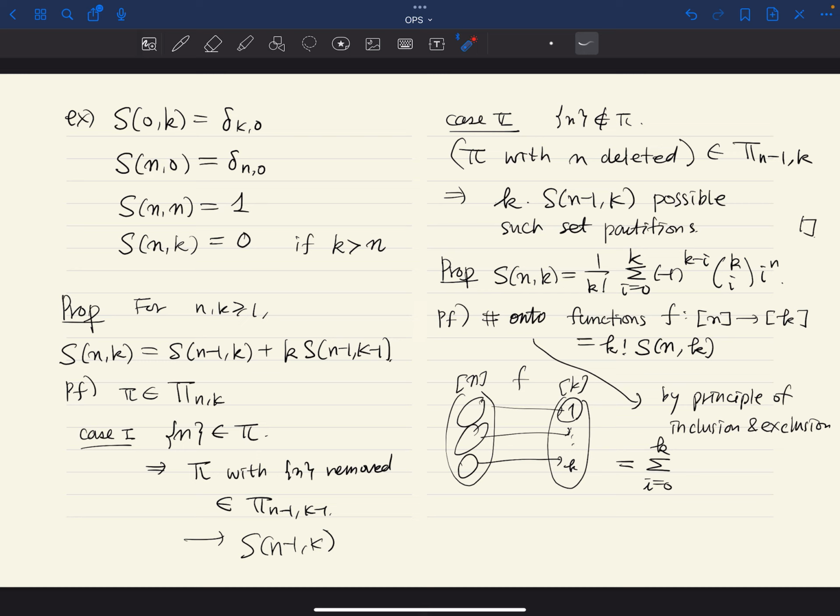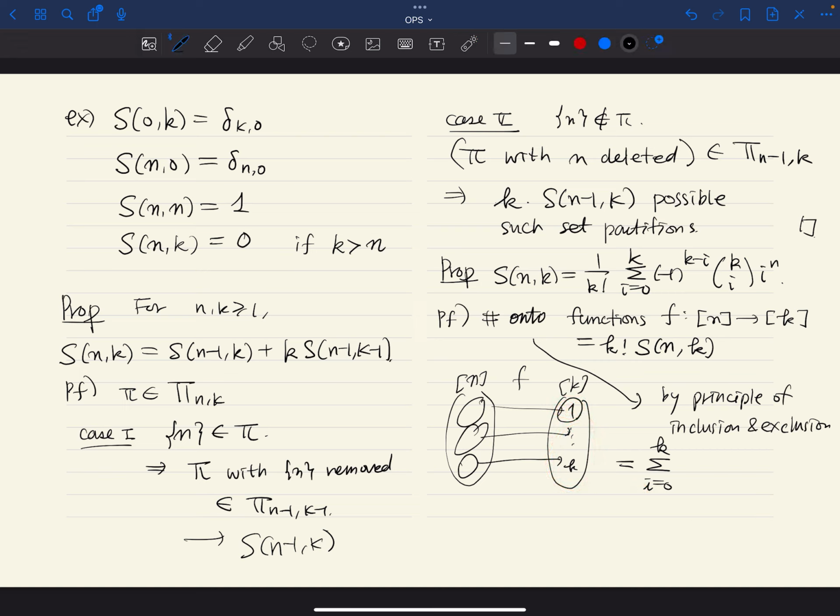Instead of computing all onto functions, you first compute all the functions. We have k elements, so each element here has k choices, so it's k to the n. But that's not the right answer because some of these will be missing. So now we subtract the functions that don't have 1 in the image, but that's (k-1) to the n, etc.